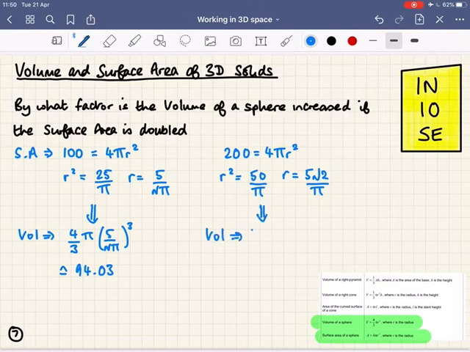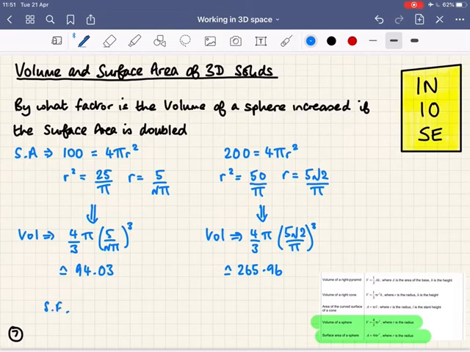And now if I do the same thing with the volume, it would have been 4 over 3 pi times 5 root 2 over root pi cubed. And that is approximately equal to 265.96. So by what factor?